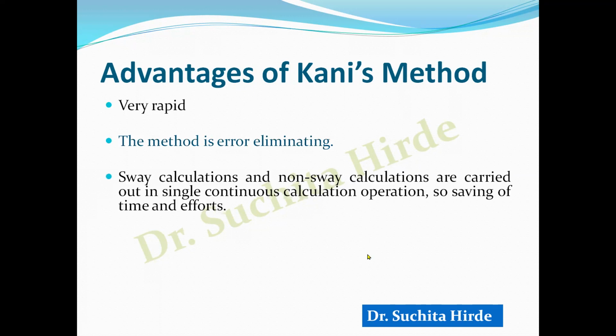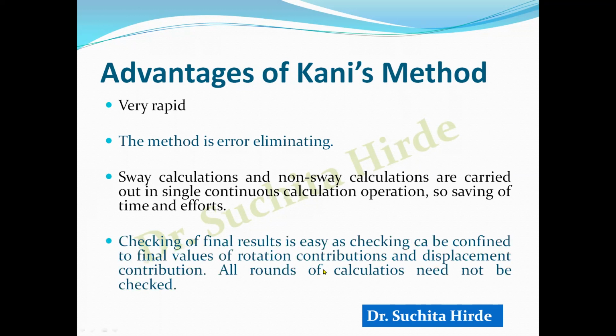In moment distribution method, we have to carry out sway analysis and non-sway analysis in separate moment distribution stages. So we require more time. But in Kani's method, sway calculations and non-sway calculations are carried out in a single continuous calculation operation. So there is saving of time and effort.